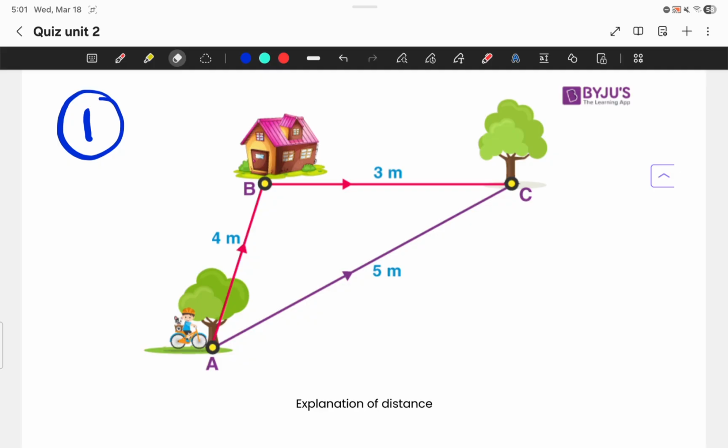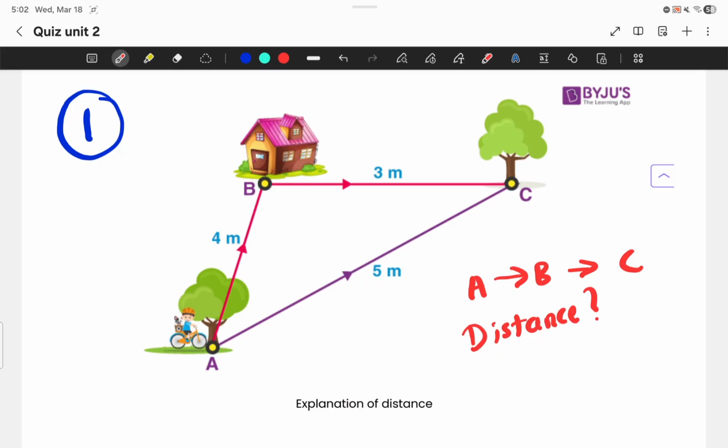think that the boy starts to travel from A to B to C. Then I ask, what is the distance? What is the distance? You can pause the video if you like, or if it's directly coming to your mind what the distance is, you can work it out. If you want a break, you can pause the video while I'm discussing questions.